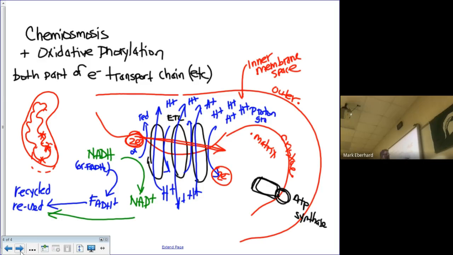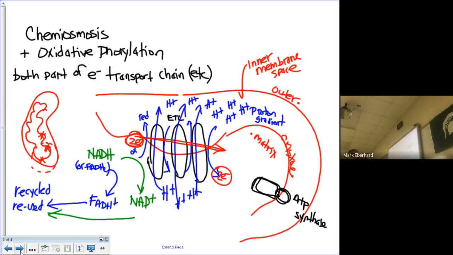Exact same thing that happened during photosynthesis. Only in photosynthesis, we were doing it the opposite way. We were pushing hydrogen into the stroma, building up a concentration in the center of the chloroplast. Here we're moving it the opposite way.